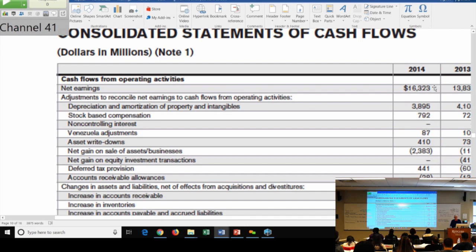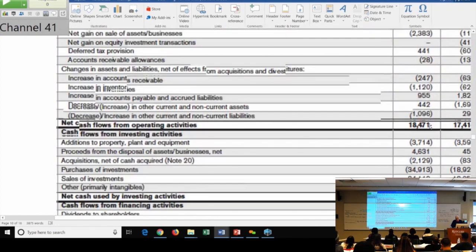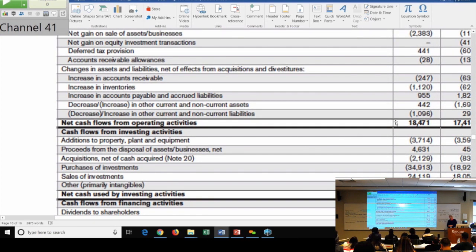So your income on the accrual basis is generating $16 billion, while your cash flow is $18 billion. So this is giving you an indication that the operations are of a higher quality, in the sense that you're able to generate more cash than your reported net income.